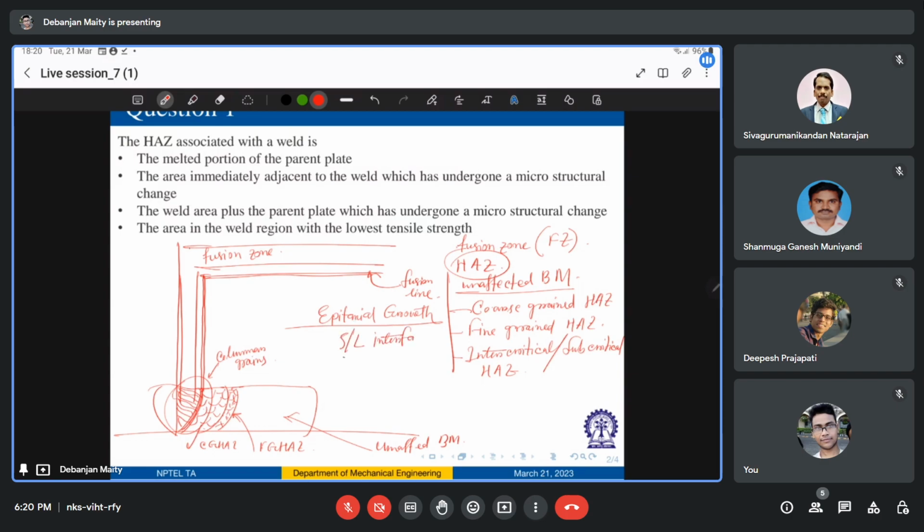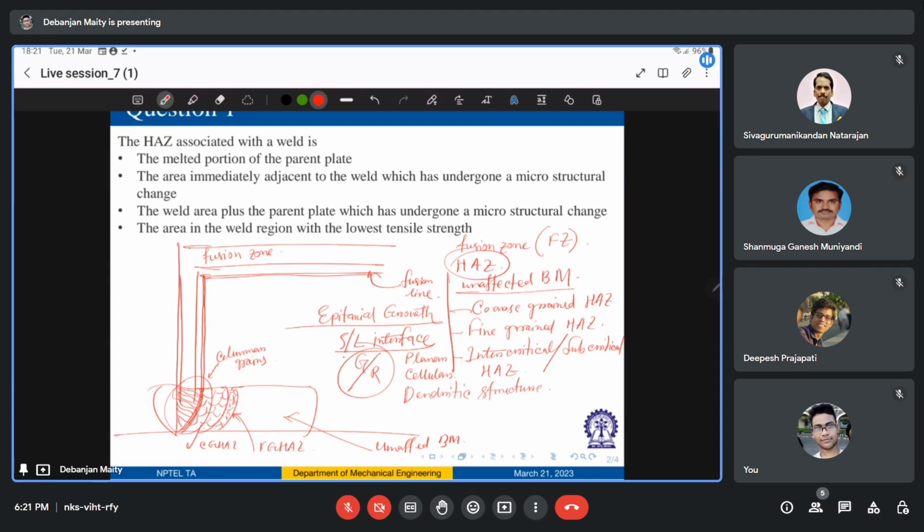So in terms of solid liquid interface, depending on your G by R ratio, so temperature gradient and growth rate ratio, you'll have some planar solid liquid interface, you can have some cellular interface, you can have some dendritic structure. Those things we have already discussed. So any question from here?